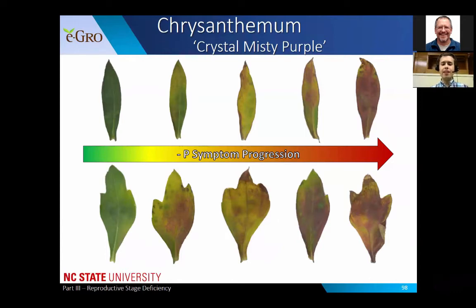You can see that that leaf actually is displaying pretty much every phosphorus deficiency symptom that we've discussed so far. It has chlorotic areas, red areas, necrotic areas, and those olive green leaf spots. So it's important to know that these symptoms can occur either one at a time or all together. So it's important that you recognize and know all of these symptoms.